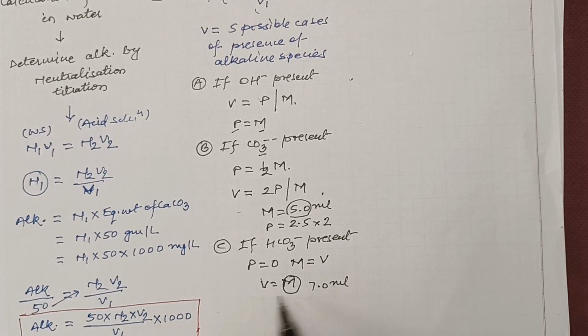That means in place of V, we take 7.0 ml, that is the value of only methyl orange endpoint, because here P is 0.